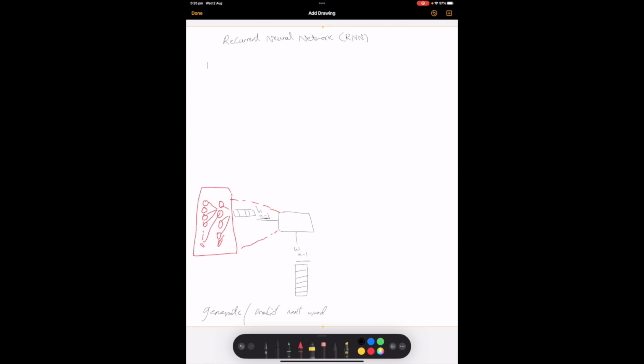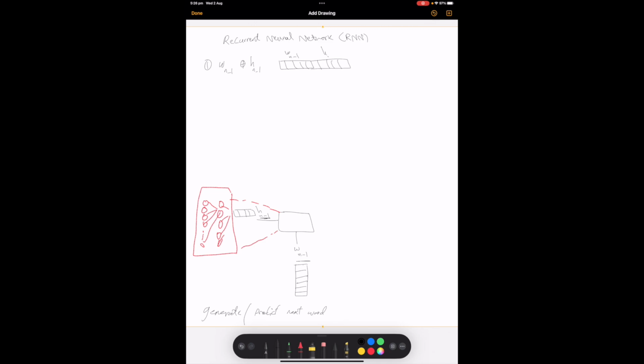So we take the vector of W_{n-1} and concatenate it with the hidden state from the previous word. It will look something like this.